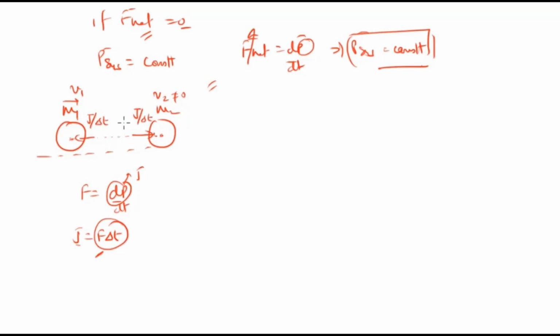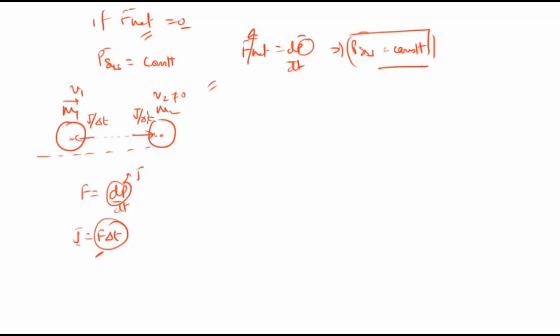The force on one particle is towards the right, and the force on the other is towards the left. Now I'm assuming there is no frictional force or other external force acting on these bodies, so the only force is the action-reaction pair, the impulsive force, and that acts on a single body.